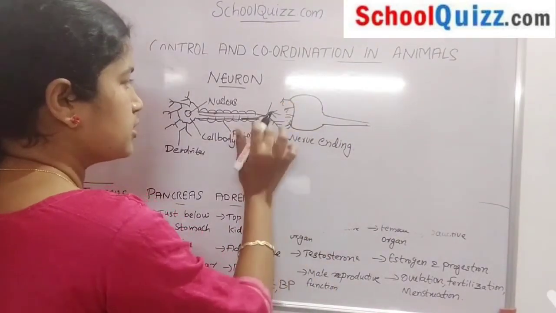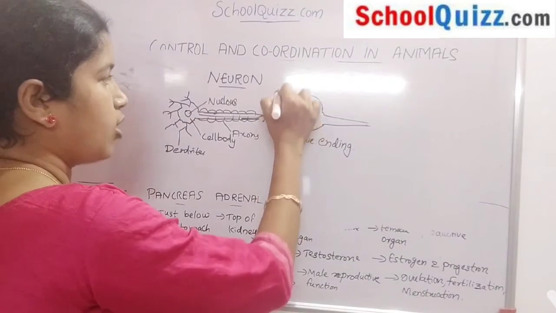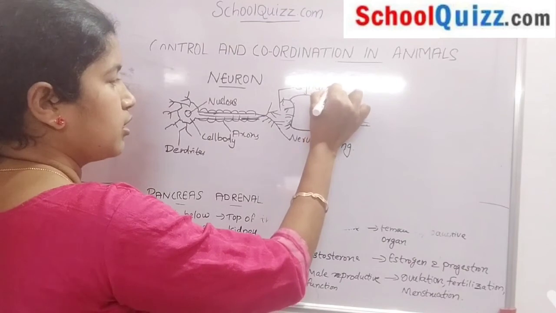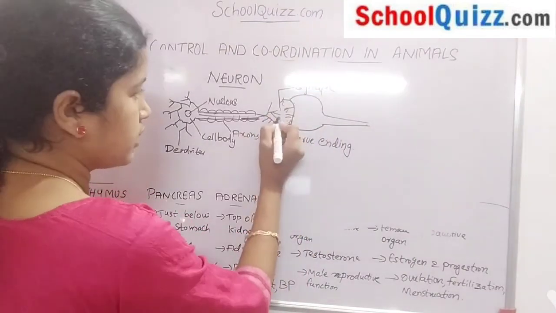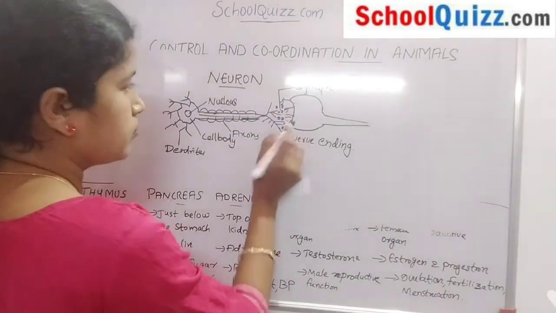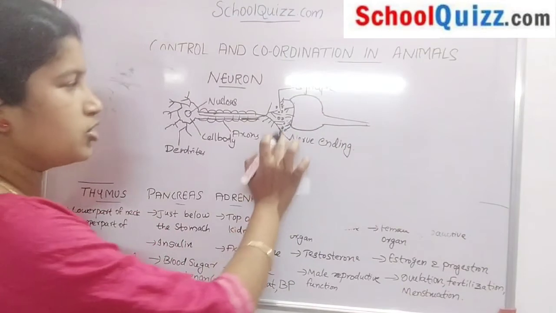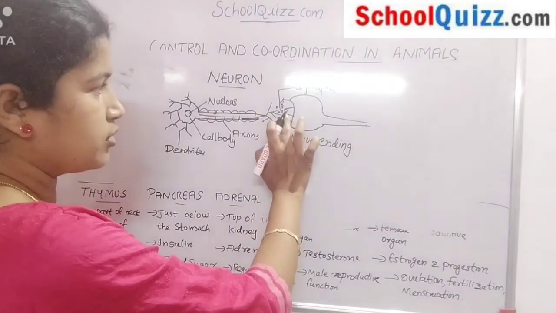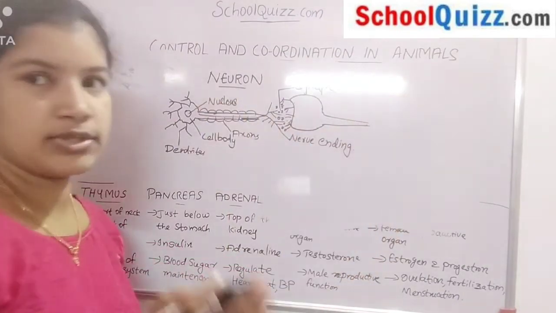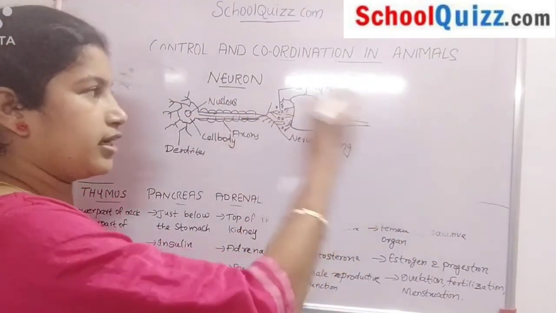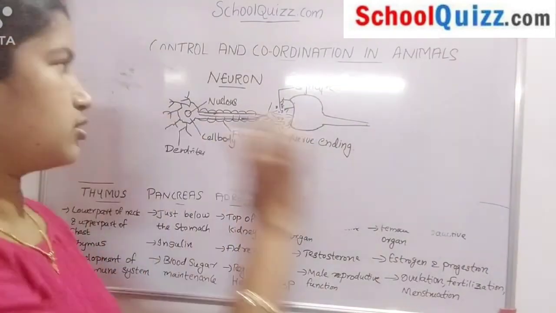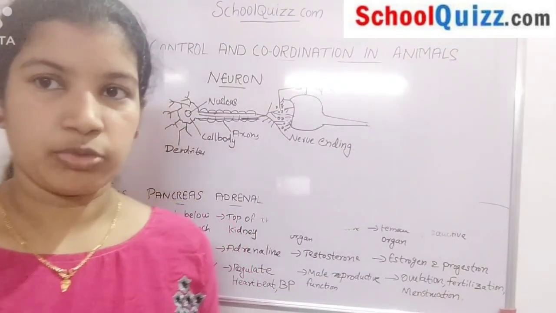The gap between the nerve endings and dendrites is called the synapse. And this chemical substance is released as the message is given to the synapse, and it is taken up by the dendrites, and the message is further carried away like this. Okay, so this is how messages transfer through the neurons.